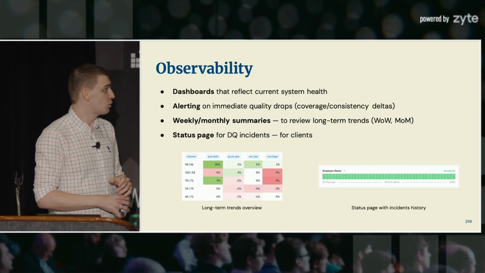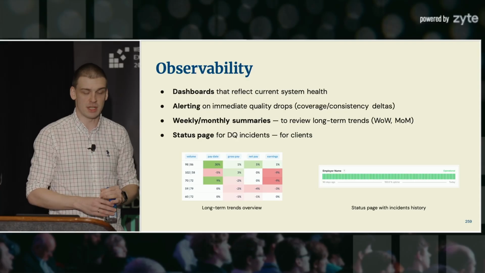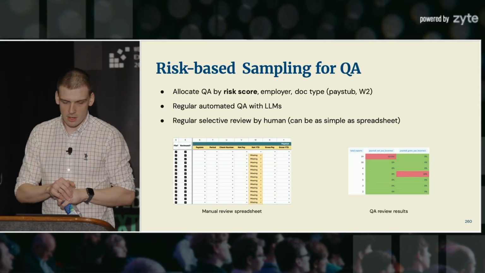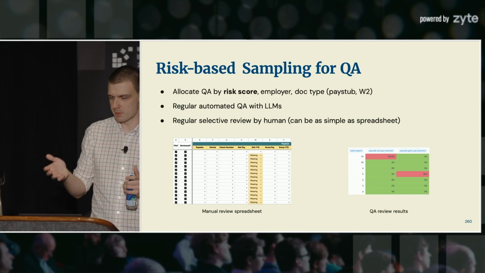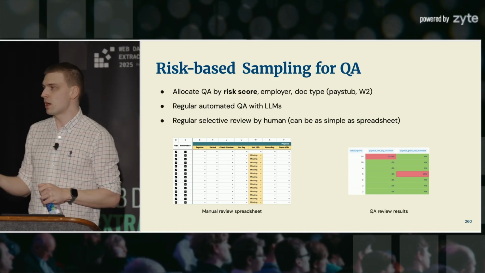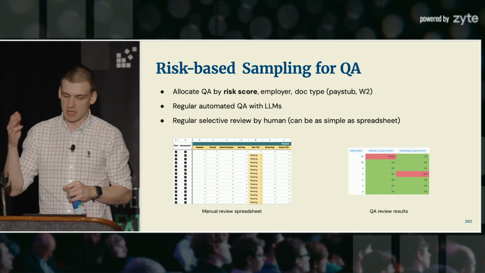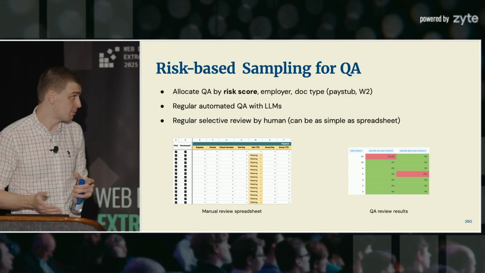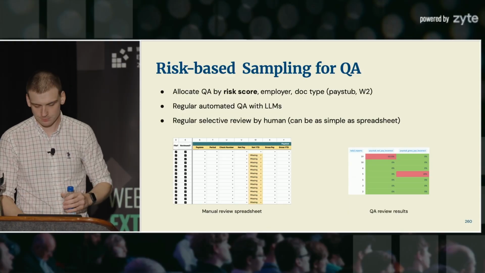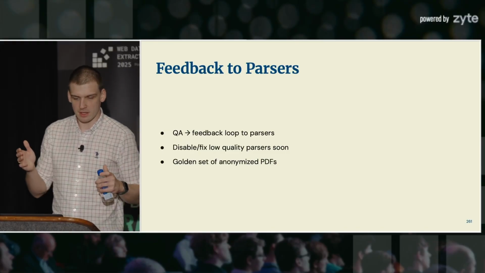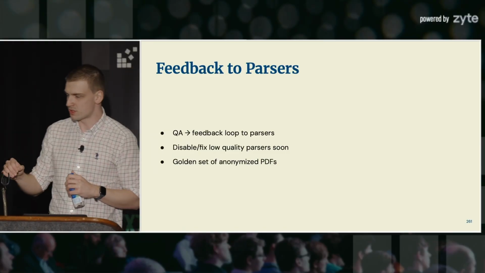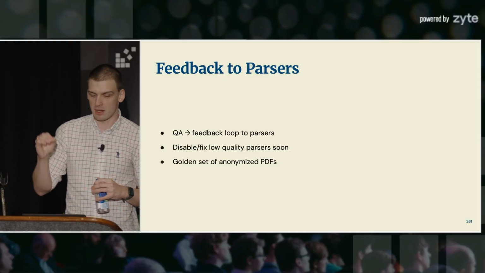And also, as a good practice, you should review long-term trends in your own metrics. Finally, we should do risk-based QA sampling, including regular automated reviews by LLMs and human spot checks. The latter can be as simple as a spreadsheet. And in the end, QA findings should be fed back to parsers to close the loop. This keeps the system healthy over time.